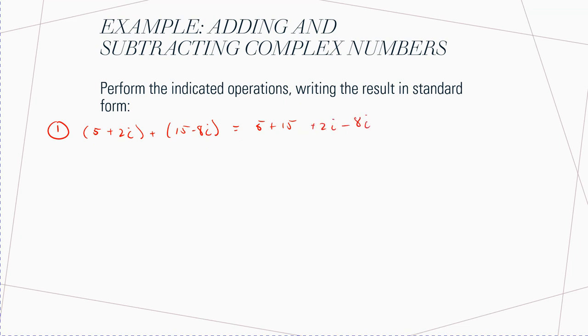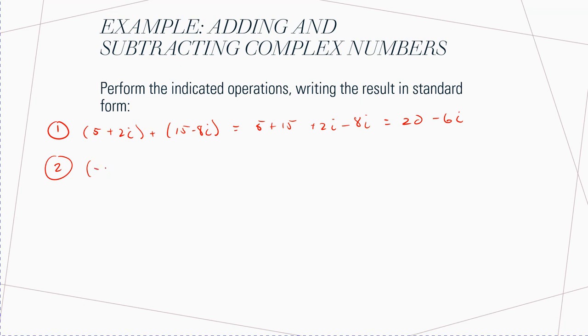You treat the 2i and 8i like terms, so you just subtract the coefficients. 5 plus 15 gets me 20, and 2i minus 8i gets me minus 6i. That's all you do. Treat the i as you would an x.